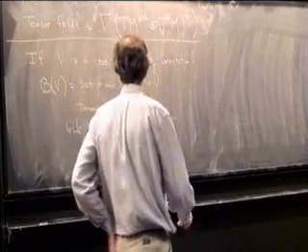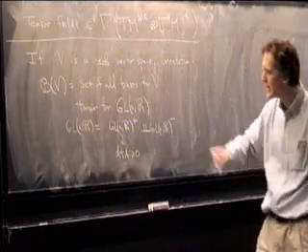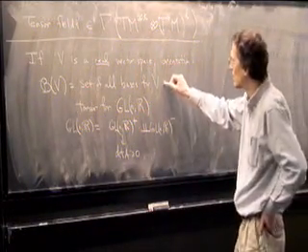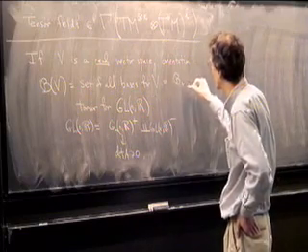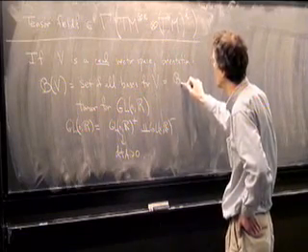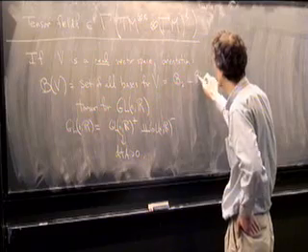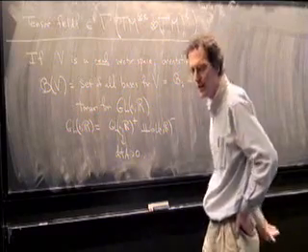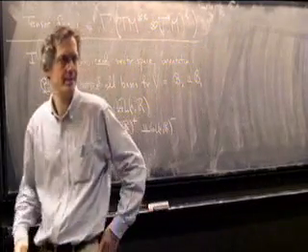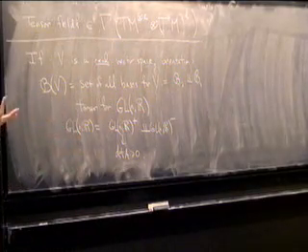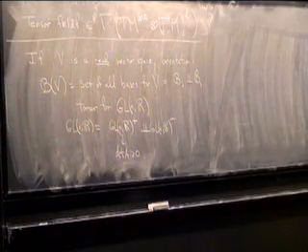So therefore, the set of all bases for V has two connected components. B1 disjoint B2. Notice I'm not calling it B plus and B minus. There's no sense to saying which one is plus and which one is minus. They're just two components.